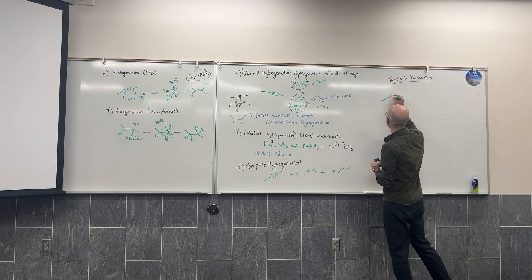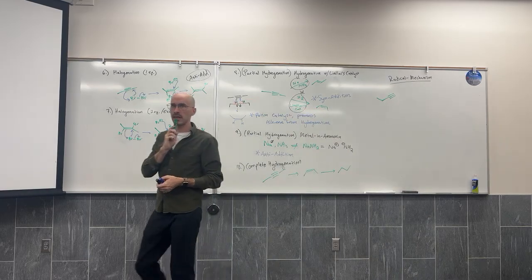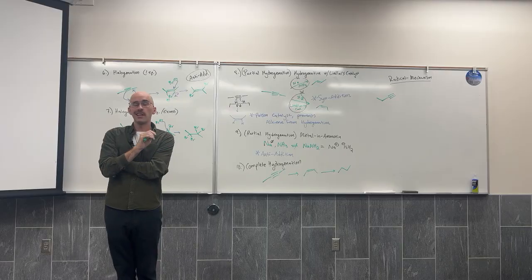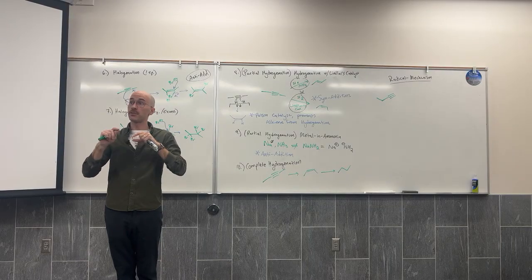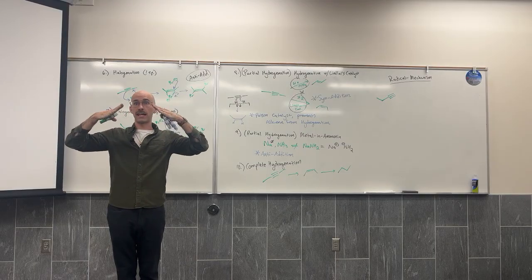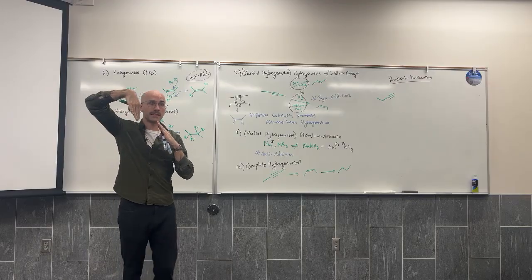And to show you guys that these partial hydrogenations don't have to be done on internal alkynes. But you see the stereochemistry implication. Lindlar's catalyst gives a cis alkene. Metal in ammonia gives a trans alkene.